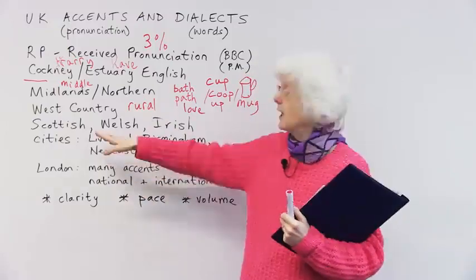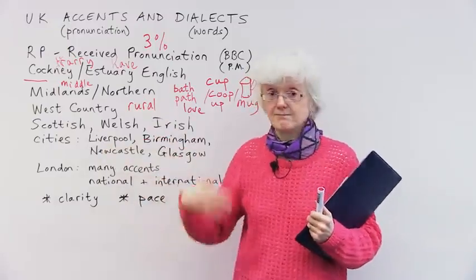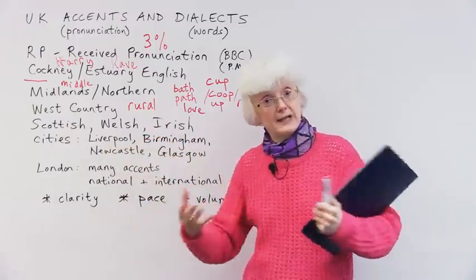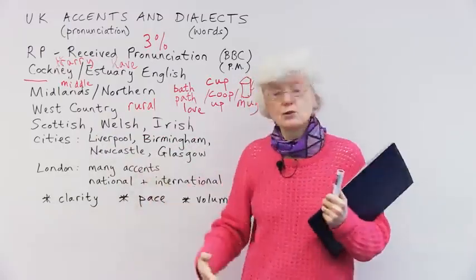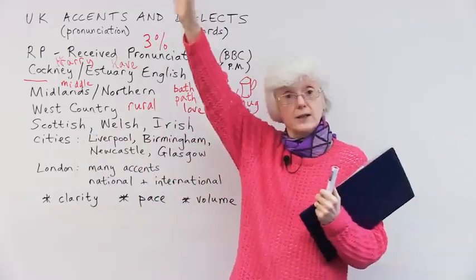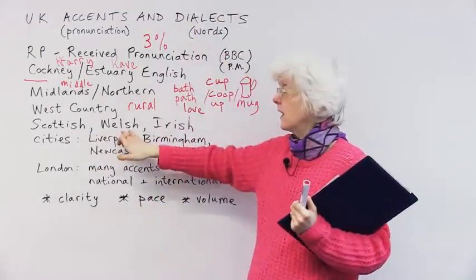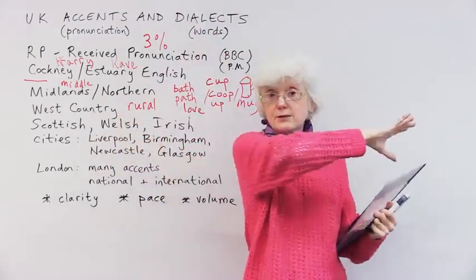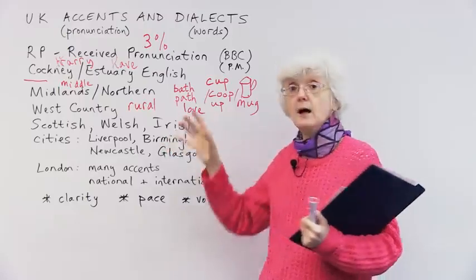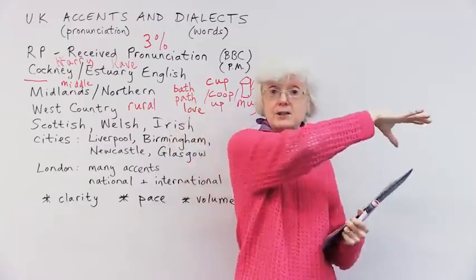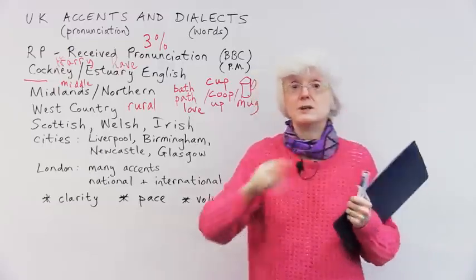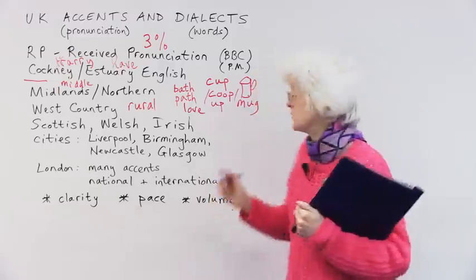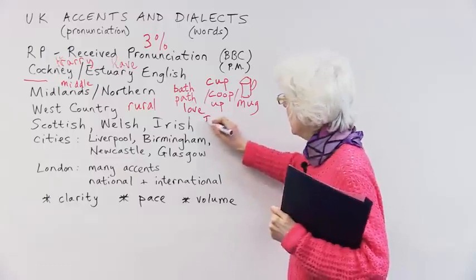So moving on, apart from England, the country that has given the language its name, English, we have other countries. Scotland in the far north, Wales in the far west, and then Irish, the other island to the west, an island all on its own, called Ireland, which is confusing.